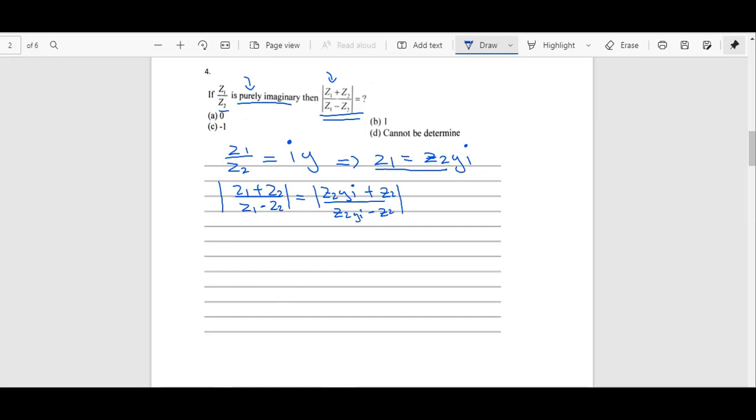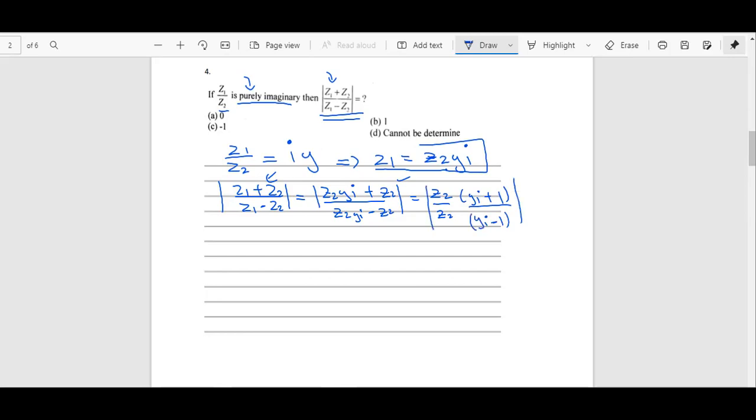I got this by using z1 equals this in this expression. Now let's take z2 common in both numerator and denominator. I am going to get y iota plus 1 divided by y iota minus 1, with a mod here.